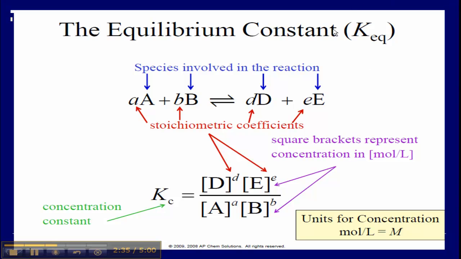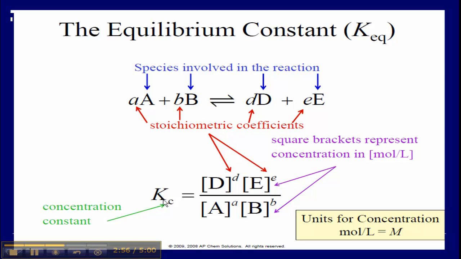Let's talk about Keq, the equilibrium constant. If this is our balanced equation, all right, we have our little coefficients here and we have our compounds here. So what you do is you put your products in brackets and you raise them to the power of the coefficients.